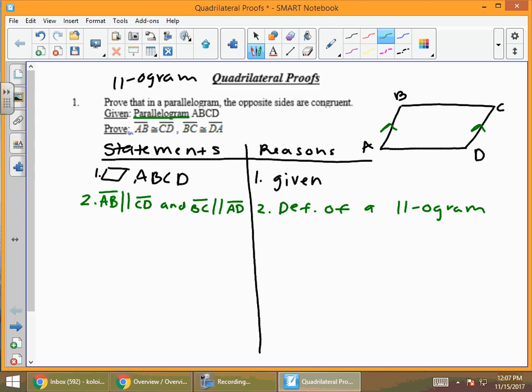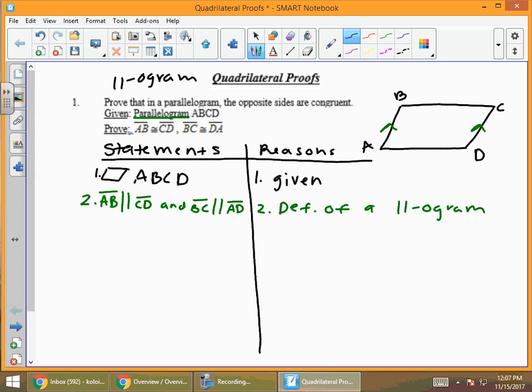And we said essentially with these parallel line proofs, we're trying to show that two triangles are congruent. Do we have two triangles right now? No. But we can draw in a diagonal to make it so that we do have two triangles. And it doesn't matter which diagonal you pick. I just picked AC.